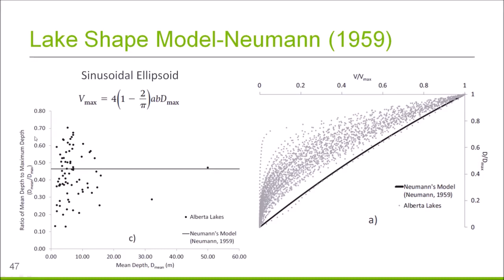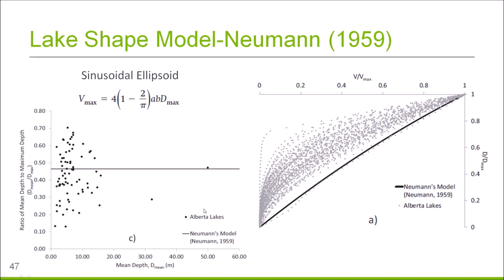It's a very important parameter for a lake. Newman's model gives you the volume of a lake if you know some parameters like the maximum depth and the shape of the lake.